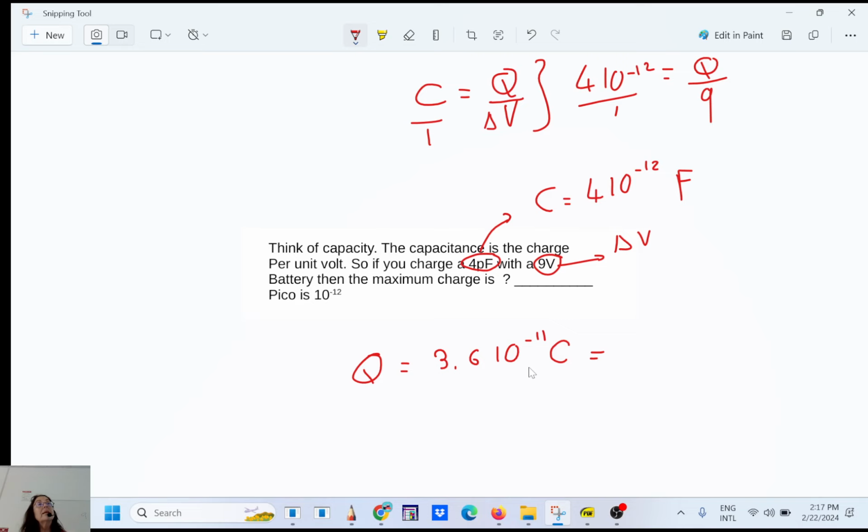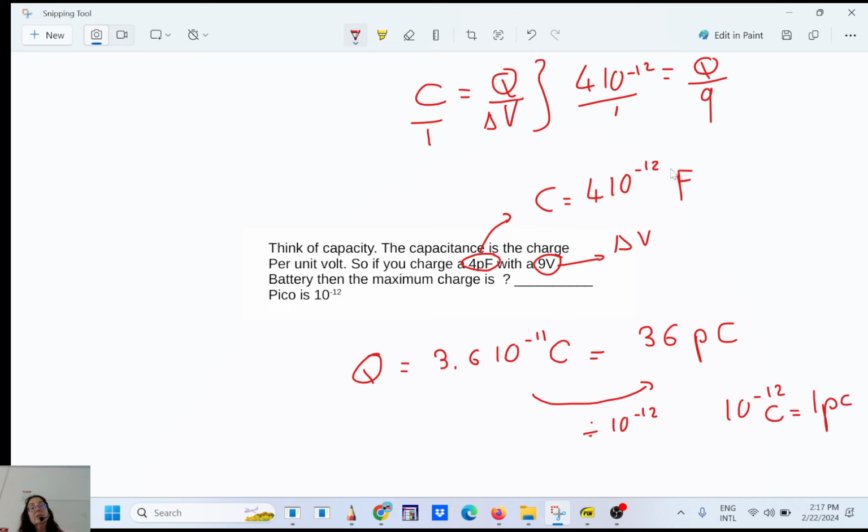If I want it in pico, that means I divide by 10 to the negative 12, and you get 36 picocoulomb. So from here to there, you divide by 10 to the negative 12, because 10 to the negative 12 coulomb is 1 picocoulomb.